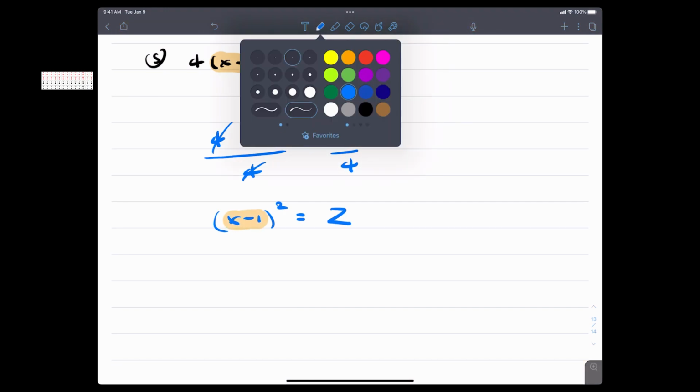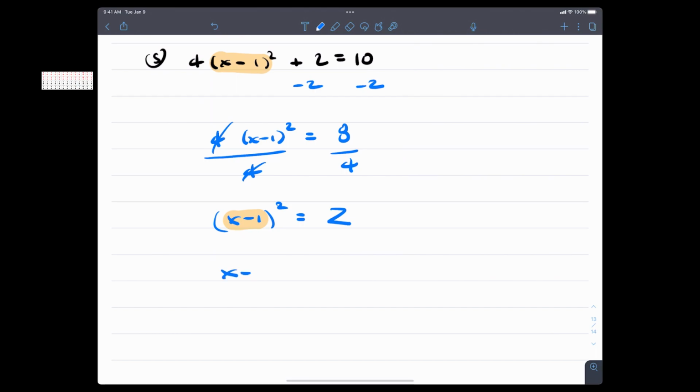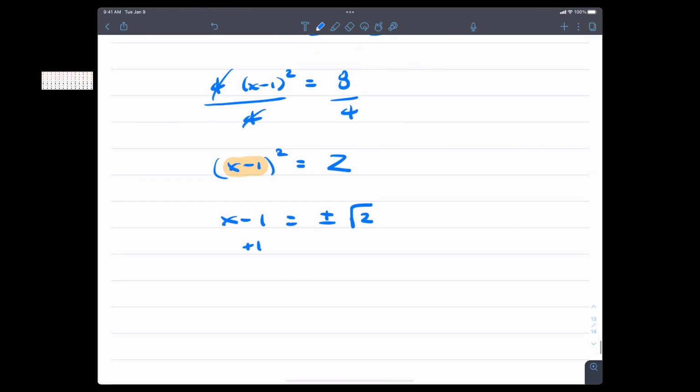All right, so now remember you have the square root formula. x minus 1 equals plus or minus square root of 2. Add 1 to both sides, you get 1 plus or minus square root of 2. So this means two things again. 1 plus the square root of 2, and 1 minus the square root of 2.